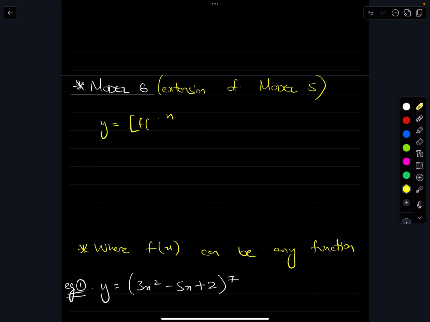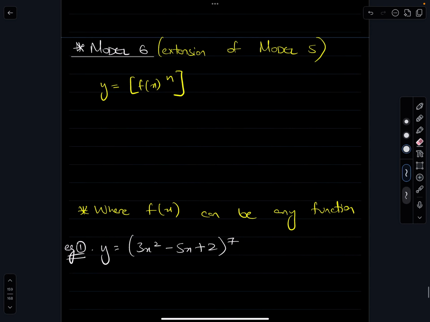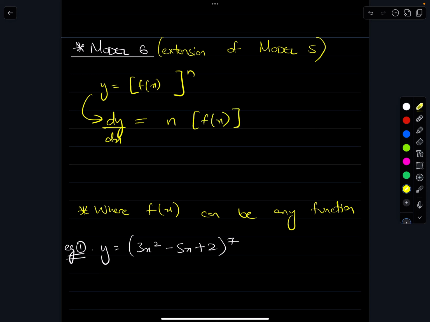In such a case, where f(x) can be any function, then dy by dx is going to follow the same rules. That is, we'll bring the power down, f(x) remains inside the bracket as it is, and the power is reduced by 1, and we multiply this by the differential of whatever is inside the brackets.